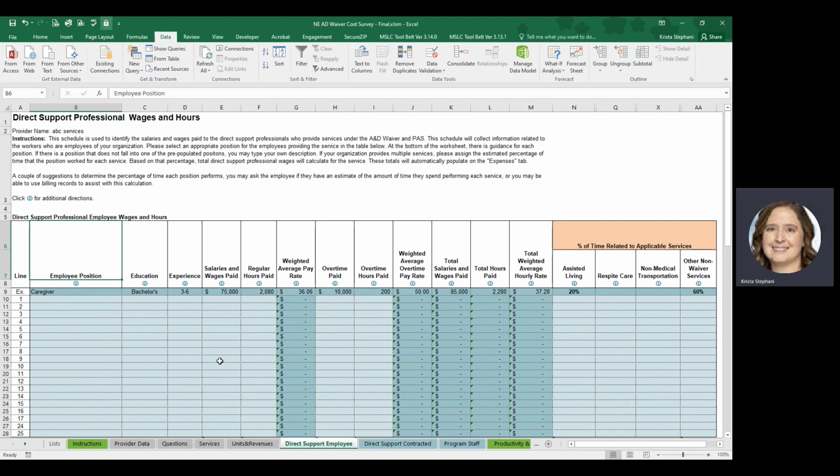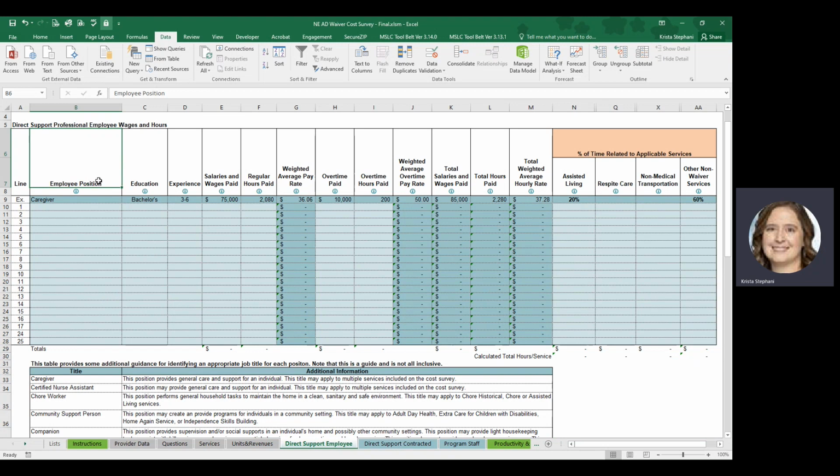With that being said, the information we are requesting on this survey includes the following. First, please indicate an employee position. We do have a pre-populated list you may choose from, or you may type your own job position if you feel that the position is not encompassed with one of the pre-populated titles.